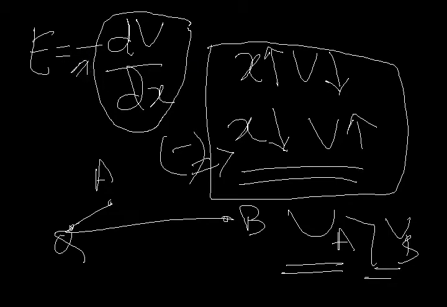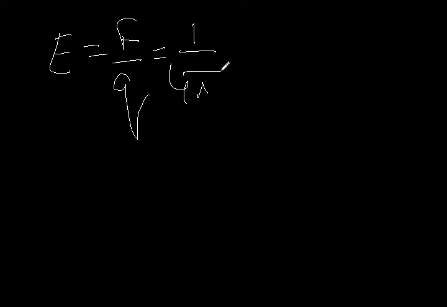Now what we do next is find the intensity due to a point charge. How can you do that? Well, we know E is equal to F by Q, and F between two charges, what I can write from Coulomb's force, is capital Q into small q by r squared.